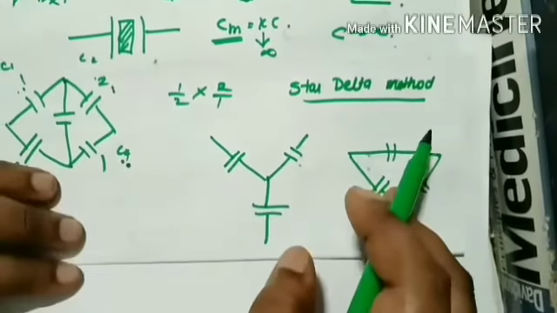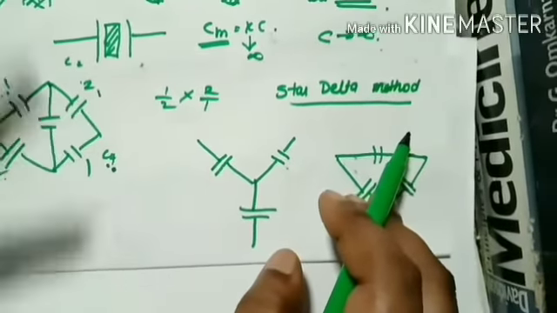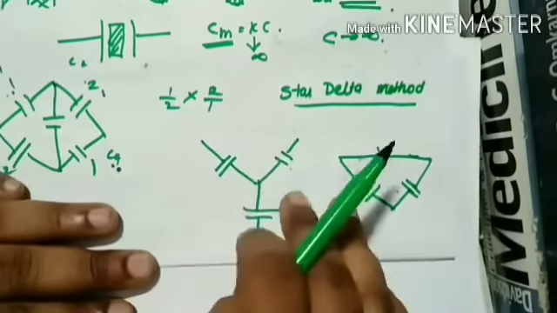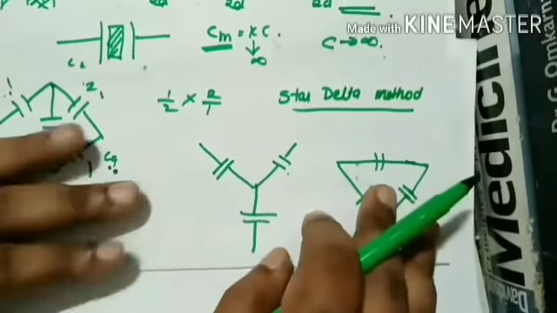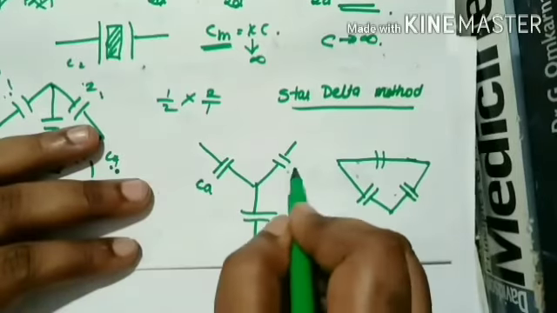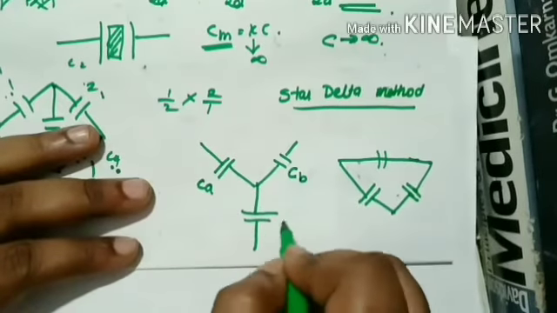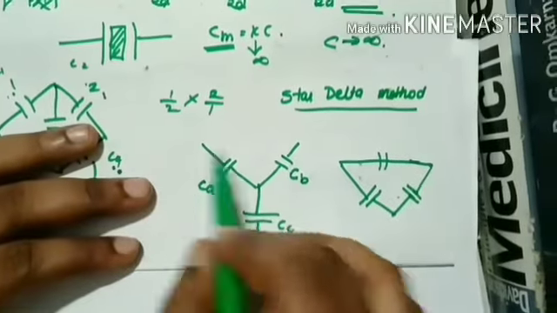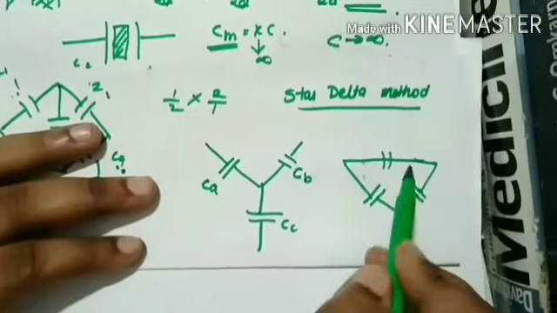This much clear? Now before moving to this topic, we'll understand how to redraw a star connection into delta. Suppose I name these capacitors CA, CB, CC. I want to convert this into this form.